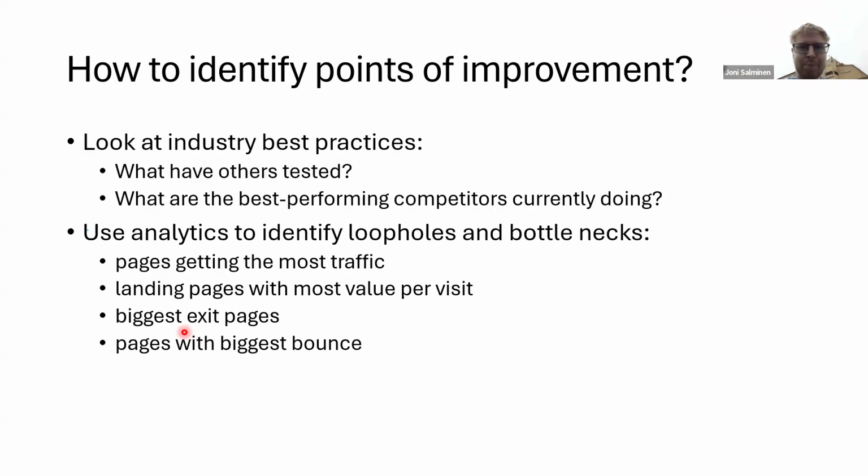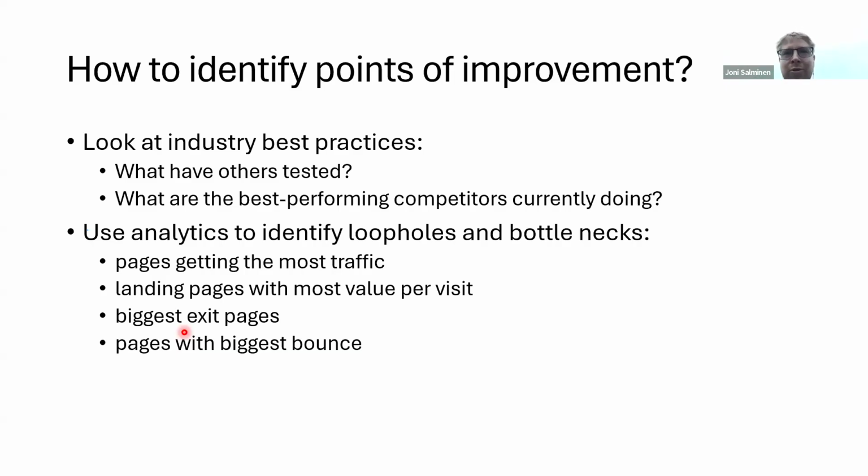So basically, I mentioned earlier, you can use the intuition to formulate hypotheses for improvements. And also you can look at the industry best practices, what others have tested. So you can have this type of case studies often that are published about results.